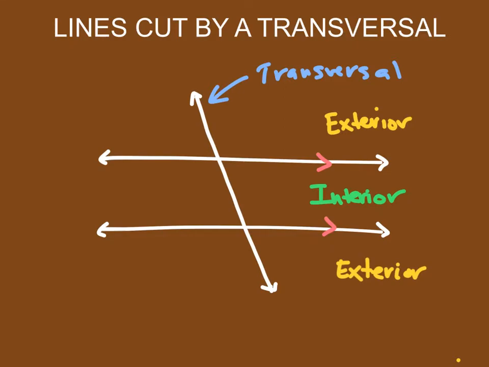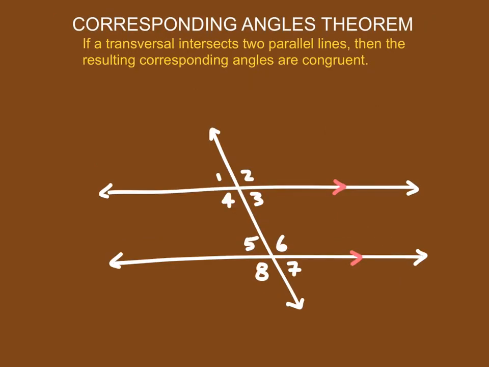Okay, so let's take a look at our first pair of angles that are associated with lines cut by a transversal. The first pair of angles that I want to talk about are called corresponding angles. And this is the corresponding angles theorem. What it says is that if a transversal intersects two parallel lines, then the resulting corresponding angles are congruent, okay?